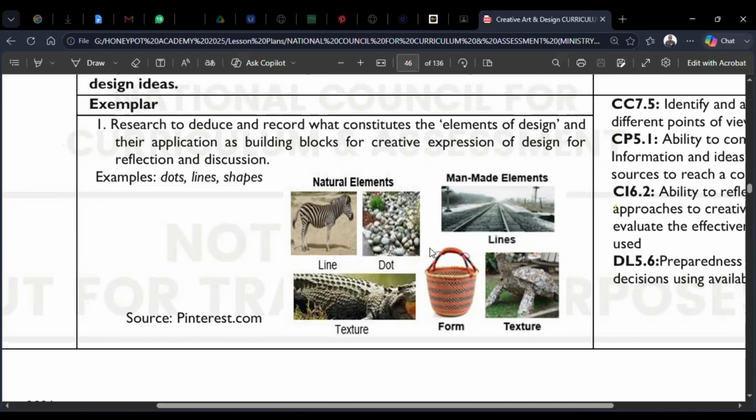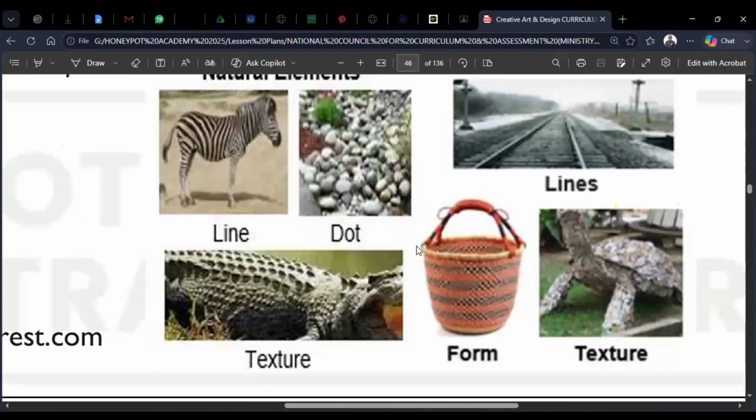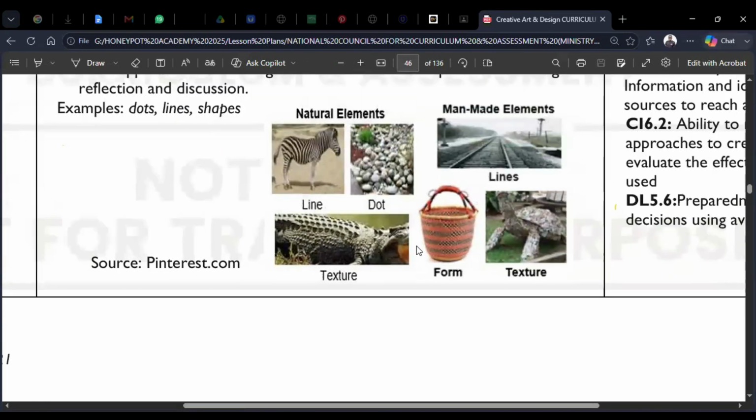You have the zebra, the rocks, stones, all natural elements. You can see the crocodile texture. These are all natural elements of design. Remember, we're talking about design as a strand, and the substrand is, everybody type in the chat. No one. All right, thank you, Cheryl.